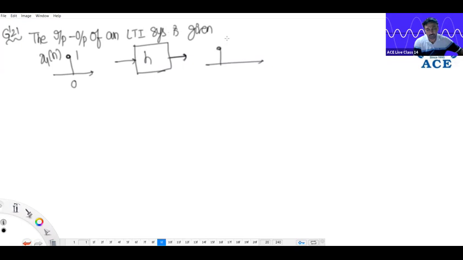Instead of T, that fellow has denoted the system symbol as H. By applying a discrete impulse, we got this as output.